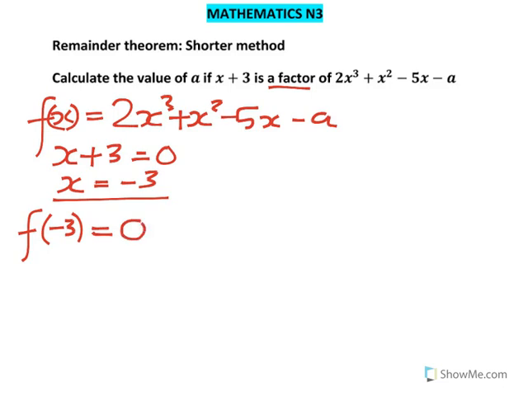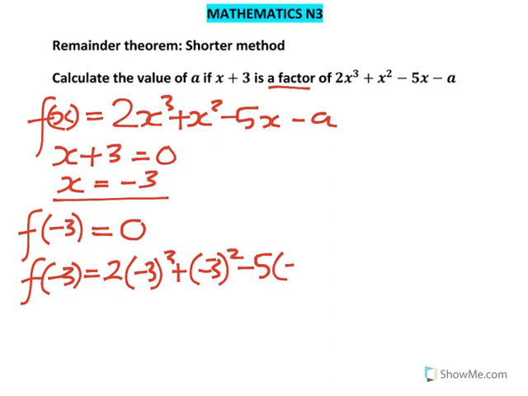Now let's put it in f of x. So we're going to put f of minus 3. This is equal to 2 times minus 3 cubed plus minus 3 squared minus 5 times minus 3 minus a. And they're telling us because it's a factor, we must get a 0.